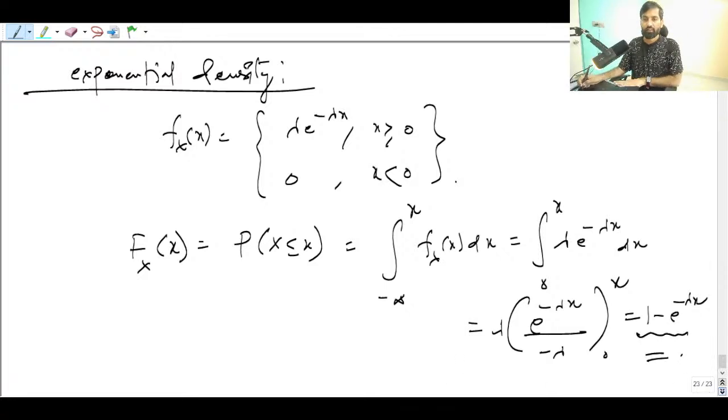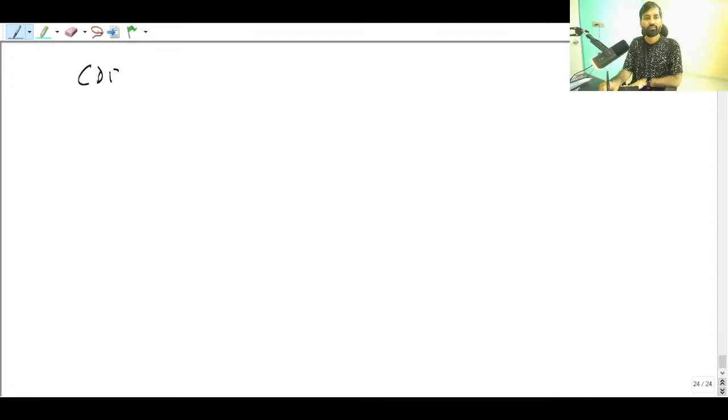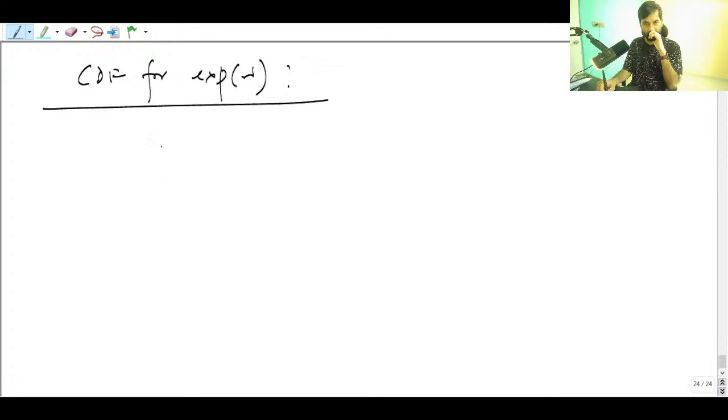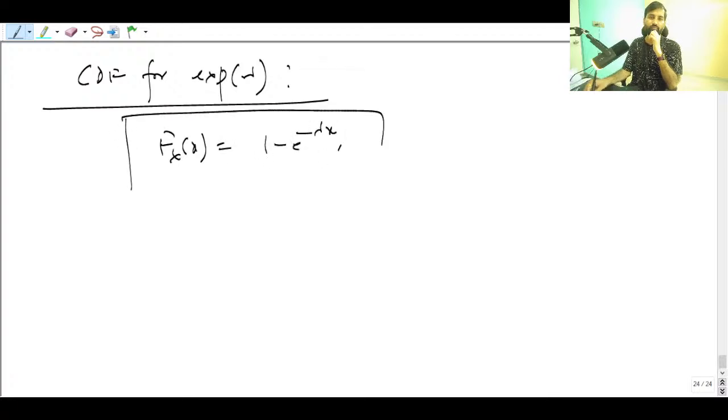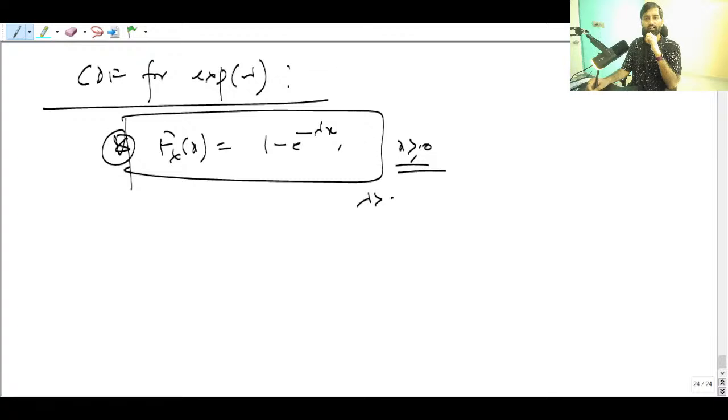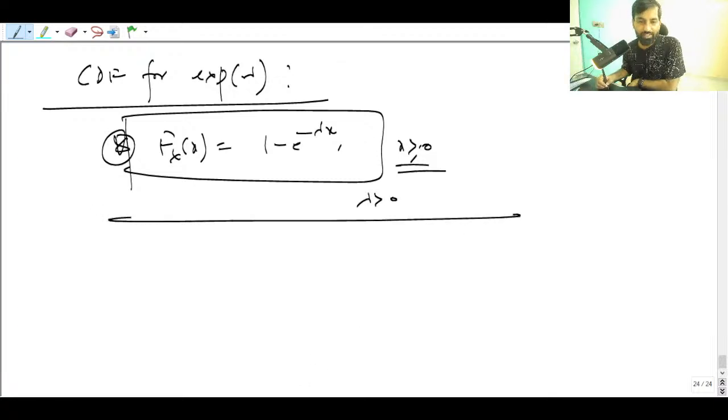So the CDF for an exponential random variable is 1 minus e raised to power minus lambda x, for x greater than or equal to 0 and lambda greater than 0. Remember all this.